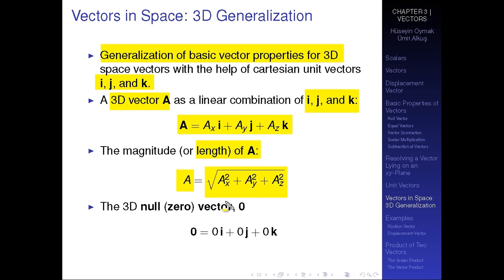It is not difficult to construct the null vector or zero vector in 3 dimensions. We take all the components in the x, y, and z axes as 0. That is, 0 vector equals 0 i plus 0 j plus 0 k.